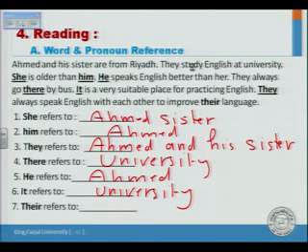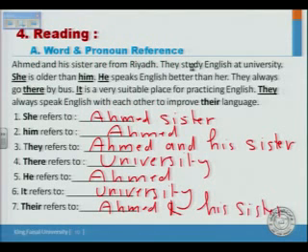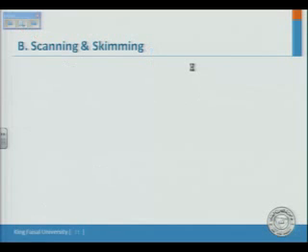Let's move. Let's take number 7. Their language. So there, Ahmed and his sister. Okay. The second form of the questions about the reading paragraph is scan and skim.